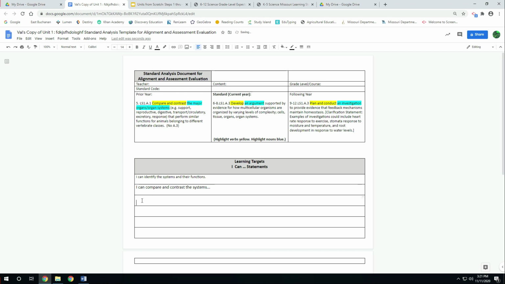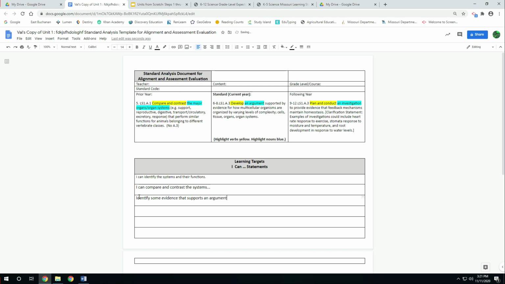And then at this point, can I develop an argument? Boy, I don't know, that's a big step. I actually think they're probably going to have to identify some arguments, or maybe identify some evidence that supports an argument.